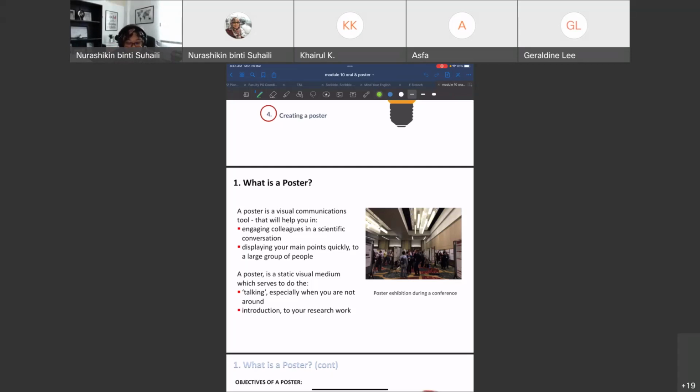So what is a poster? A poster is visual communication that helps you engage colleagues in a scientific conversation. During the conference or symposium, there are corners for posters. If you have a look at this picture, it's a corner for poster display.